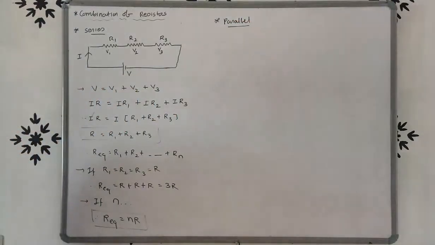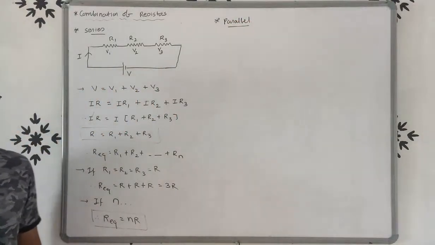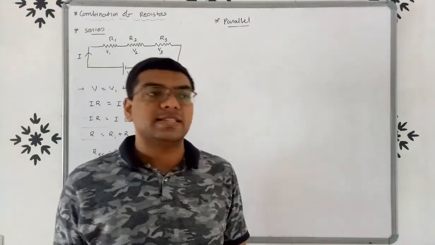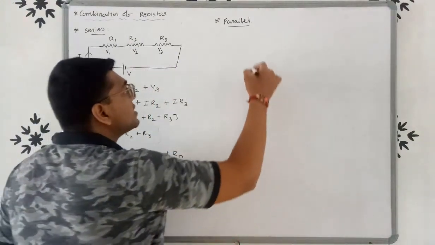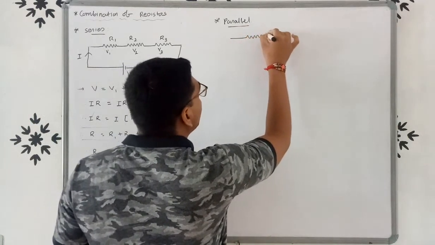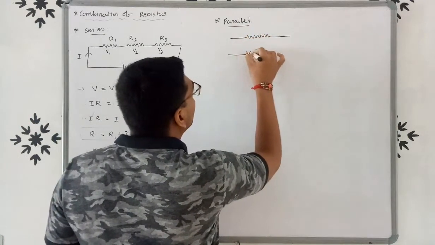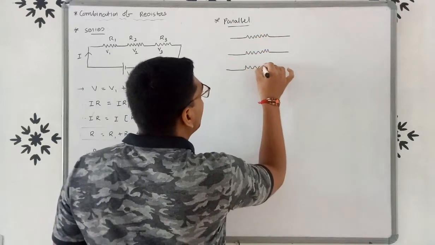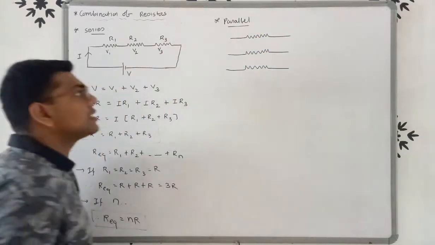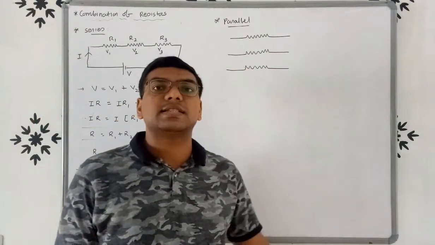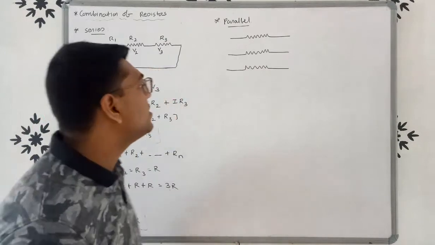Now, parallel combination of resistors. In parallel combination of resistors, the resistors are combined in such a way that one side of each resistor is connected at one point and the other side of each resistor is connected to another point.